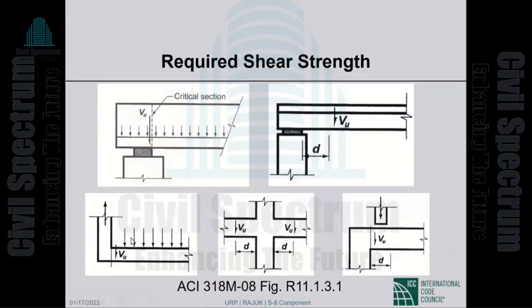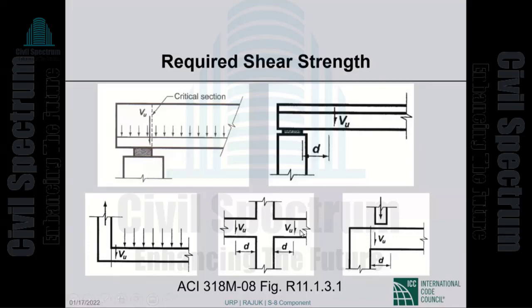So here, there is no compression at the support. This beam is hanging from something, so the support does not provide compression, and then the critical section is at the support face.